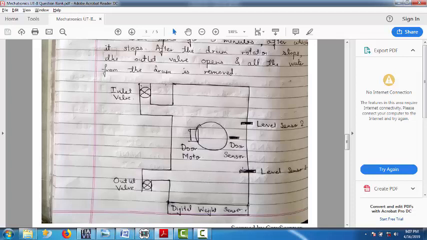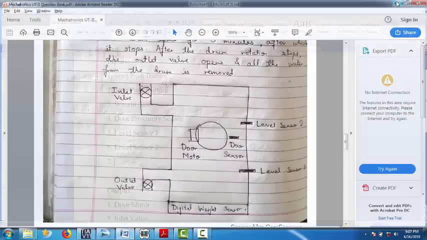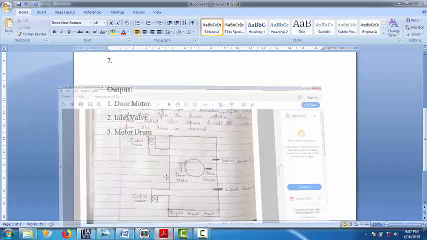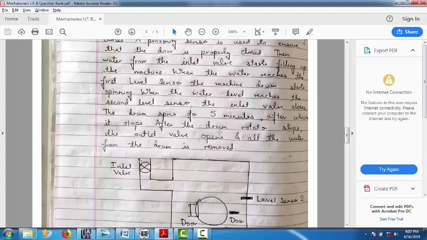When it reaches the first level sensor, the motor drum will start spinning. So motor drum is an output.